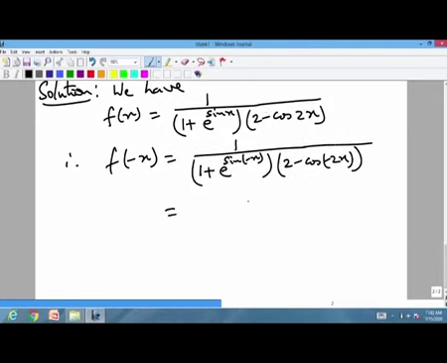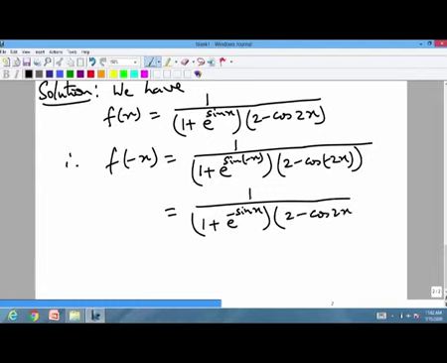Now, sin of minus x is minus sin x, so this will be 1 plus e to the power minus sin x, and cos is an even function, so this is the same as 2 minus cos 2x. This can be simplified as e to the power sin x divided by (1 plus e to the sin x) times (2 minus cos 2x).